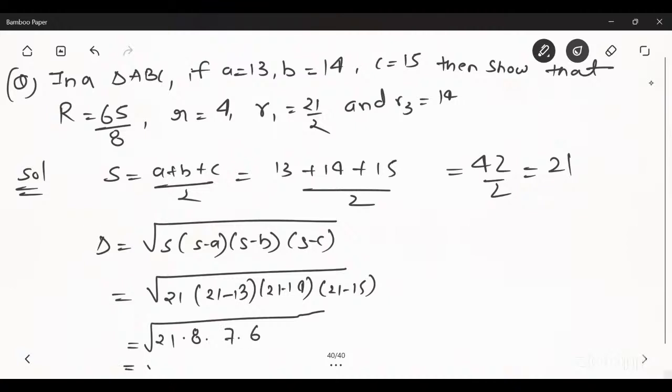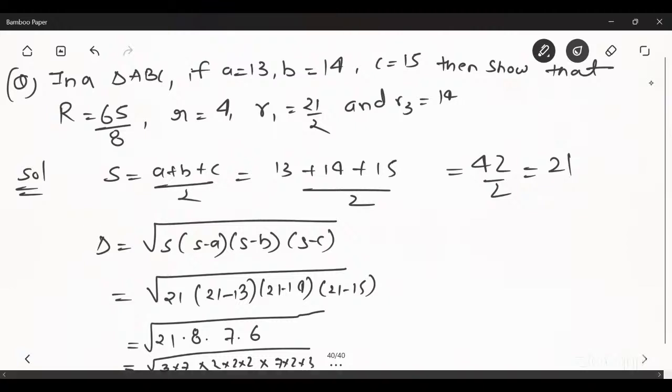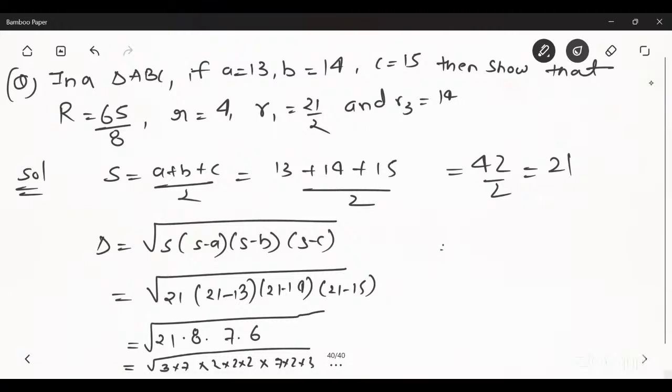If you break this into parts, you will get 3 into 7 into 2 into 2 into 2 into 7 into 2 into 3. Now see the common, 3 into 3 will be common. So you will get 7 into 3 into 2 into 2, that means 84. So the value of delta will be 84.